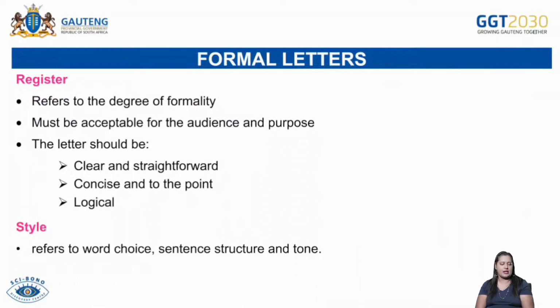When you're looking at the style here, grade 12, with the formal letters, we are saying, please look at the choice of words you are working with. You're going to choose certain words to use. So please make sure those words are appropriate. They fit the context that you are speaking about. You're looking at your sentence structure.